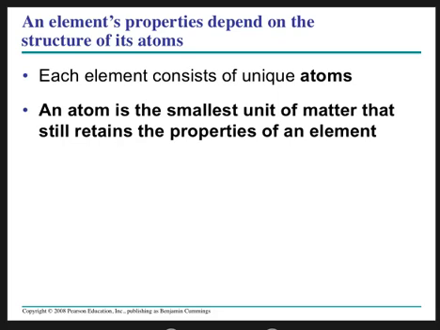That atom is the smallest unit of matter that still has properties of the element. Can I break down an atom smaller? Absolutely. We'll talk about subatomic particles in a minute. However, we consider the smallest unit of matter that has the properties of the element to be an atom, the same way that we consider the cell to be the smallest functional and structural unit of life.